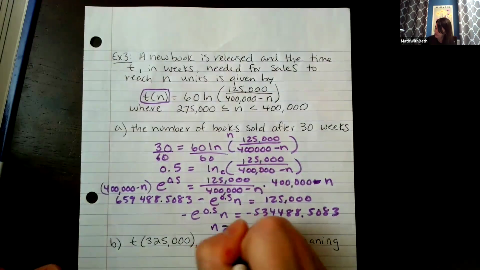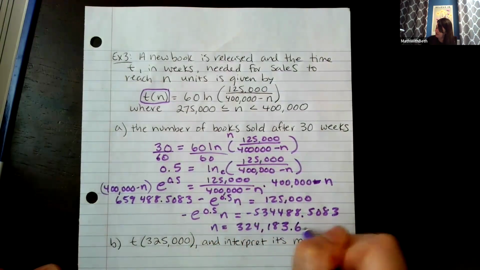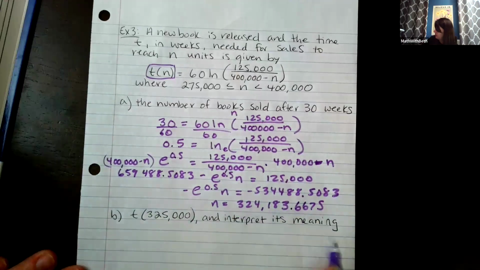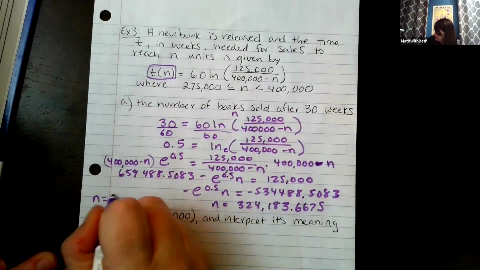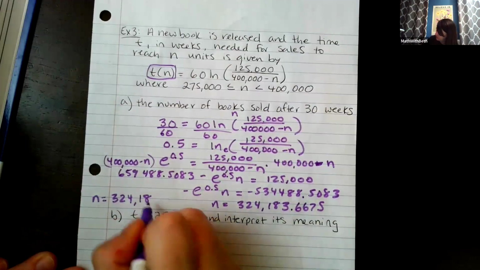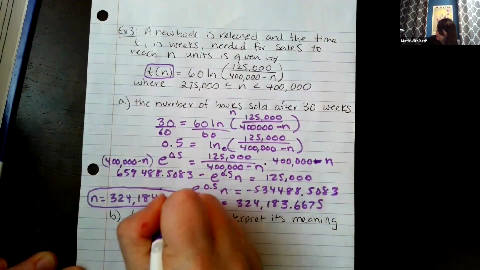And we get 0.6675. So since we're talking about units and books being sold, we'd probably round this to the nearest whole number. So after 30 weeks, they have sold about this many books.